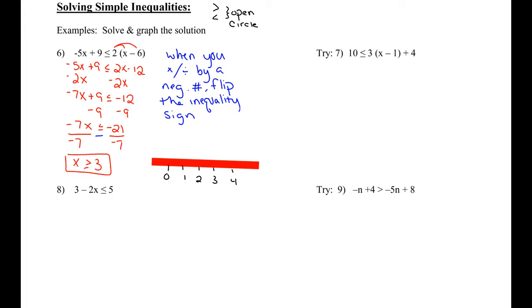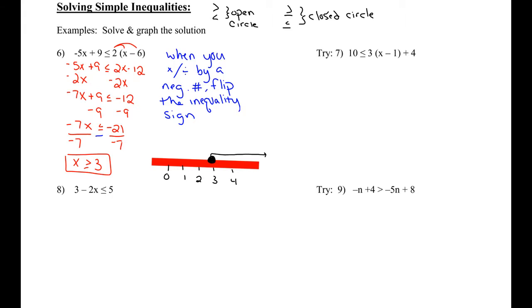But if I have greater than or equal to or less than or equal to, we're going to use a closed circle. So for our example, because it's greater than or equal to 3, I'm going to draw a closed circle at 3, and I'm going to shade all values that are greater than 3. So I have my solution and I have the graph.